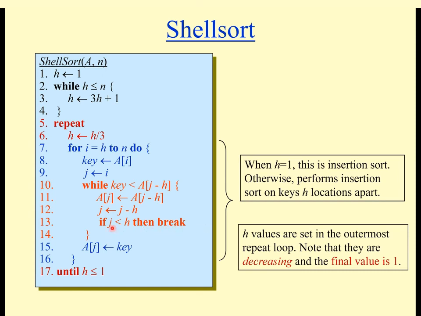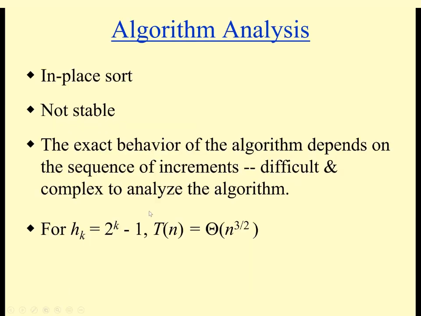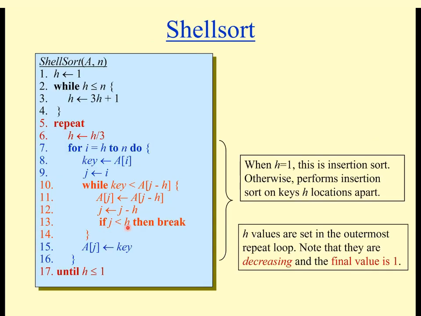This means we don't need to compare, because if J is already less than H, you cannot find another AJ minus H, because J minus H will be negative, out of the range. So this will make it stop.